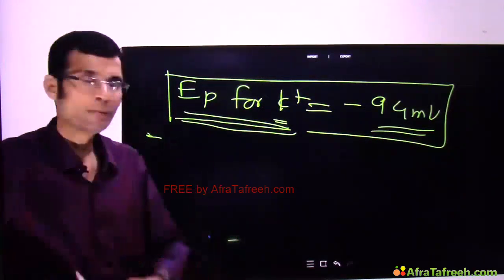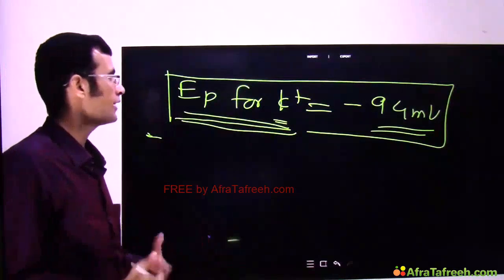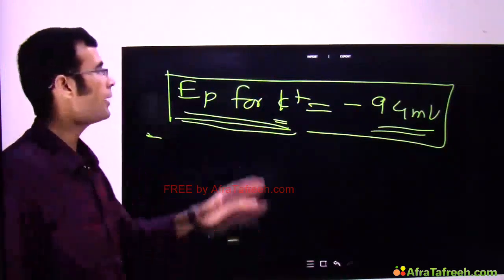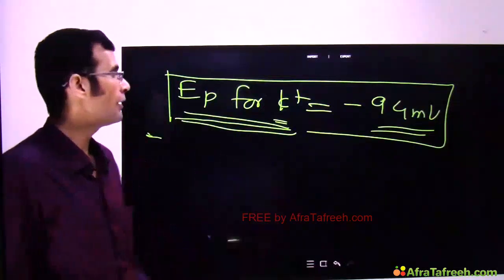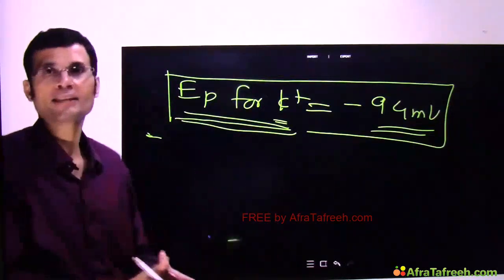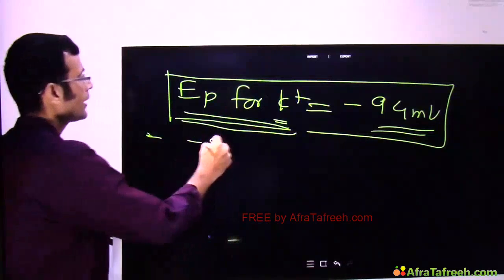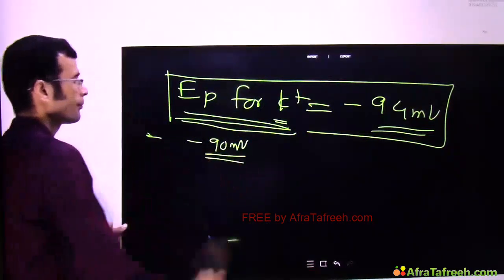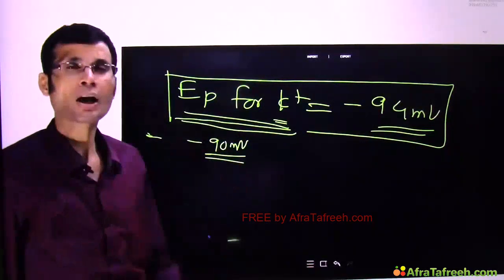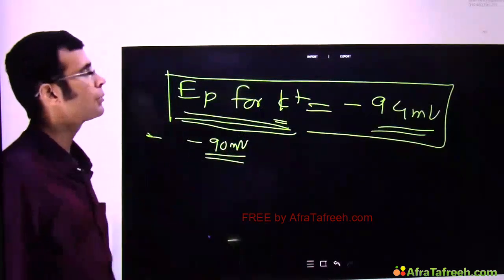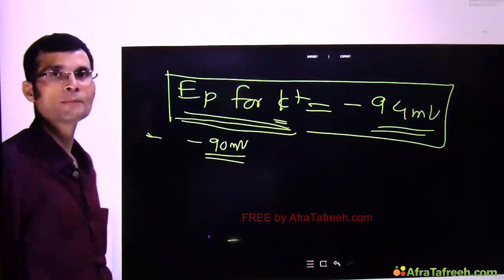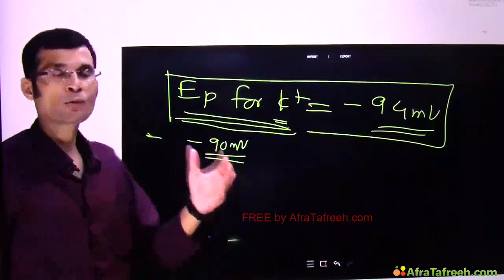And now let me make the next sentence, and that is, if the sodium and potassium both moved, both reached equilibrium, and we are saying the RMP is minus 90 millivolts, who or which ion must have been the greater contributor to the development of RMP? See, it's quite obvious.